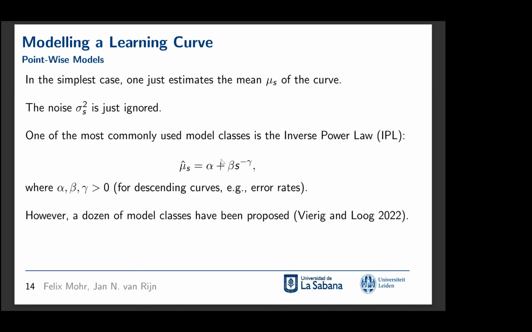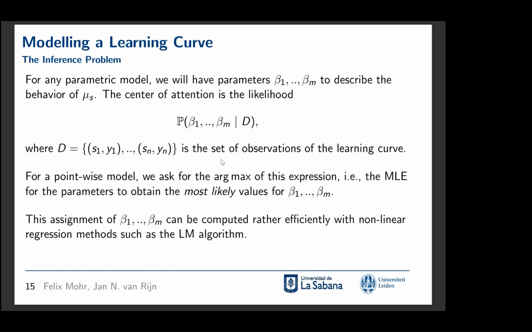Sounds almost trivial. We found that for some models, it's quite tricky to converge to good solutions. These formulas can be a bit nasty, and you can run into numerical problems. But in general, it's just a regression problem, and we know that the optimal solution to this regression problem is the maximum likelihood estimator that will give us the single best curve that describes this learning behavior.